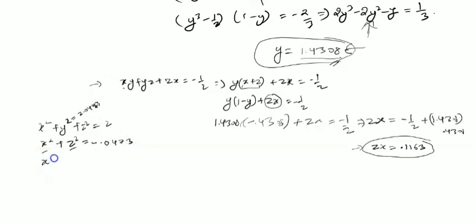And similarly, the value of x cube plus y cube equals 0.07075.